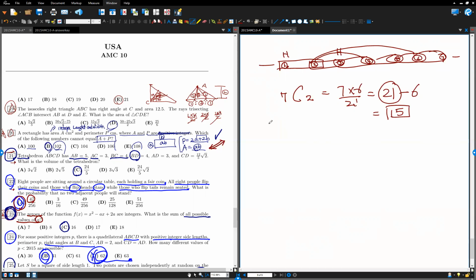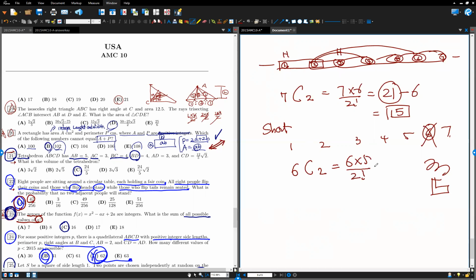So the shortcut, when you have chairs over here, 1, 2, 3, 4, 5, 6, 7 chairs. Just one chair is out. Now find 2 out of 6 points, okay? 2 out of 6 points. 6 times 5 divided by 2 factorial, right? 15, same number, isn't it?